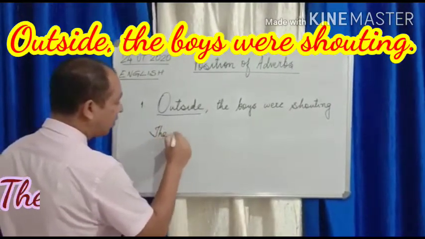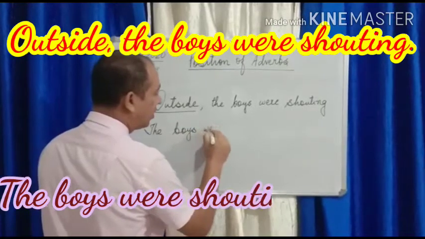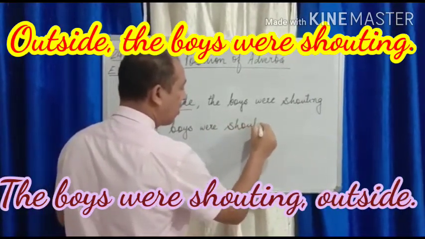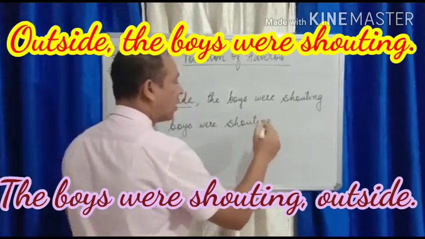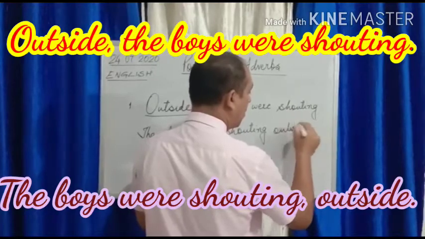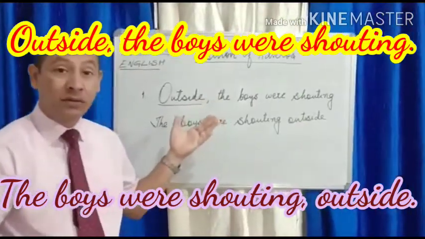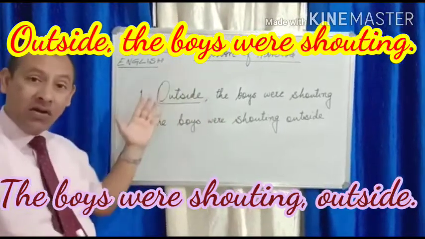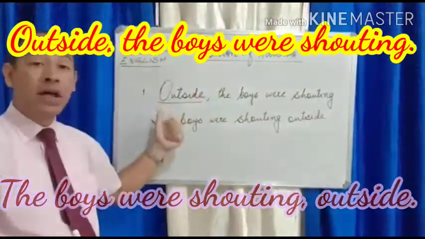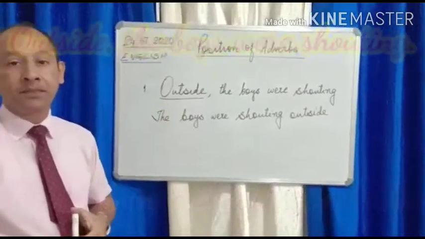The boys were shouting outside. So your adverb of place can be either at the end of the sentence, or it can also begin the sentence.